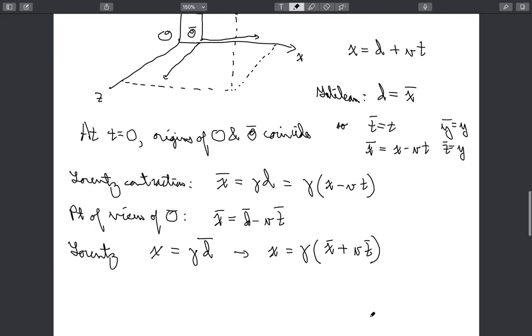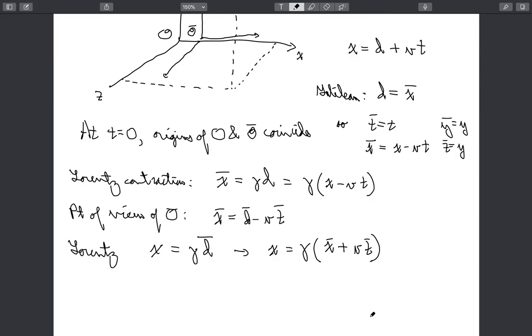Okay, so now you see we have two equations relating the two pairs of coordinates. So we can solve, for example, for t bar. If I look at this one here, t bar would be equal to 1 over v times 1 over gamma x minus x bar.